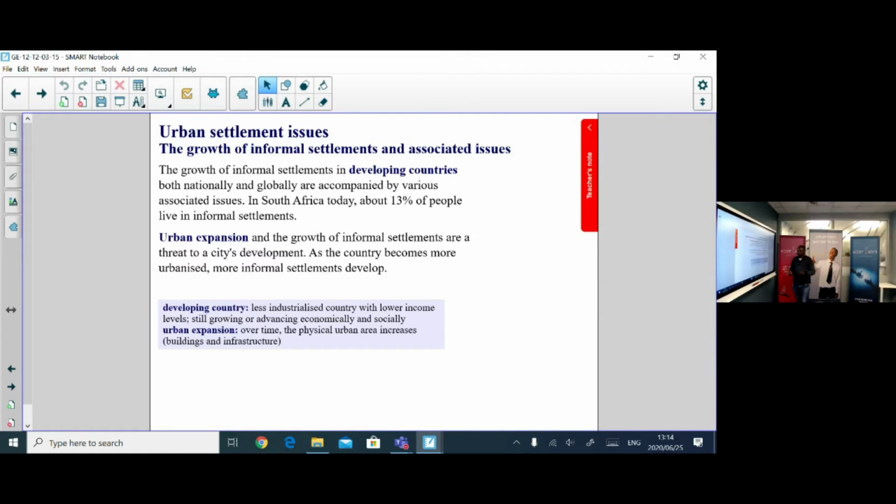Geographers are still unsure about where to classify countries like China, because they've come a long way. It is now the second biggest economy in the world, but it has by and large been described as a developing country.